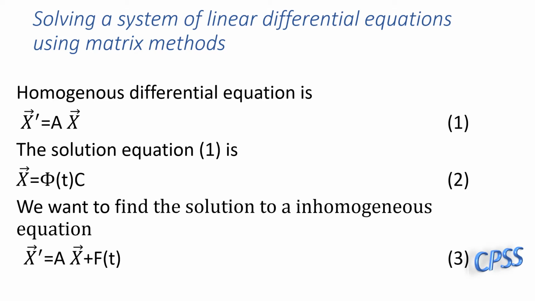Now, the solution to the homogeneous equation is in equation 2, which is phi, a function of t, and you have c, which is more or less a column vector or a constant. Usually, in a general solution to a differential equation, you don't have any initial conditions, so you use a general solution, and there is more than one solution, which you use constants to write out the general solution.